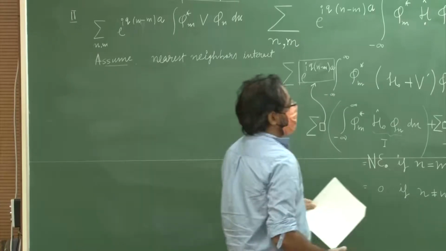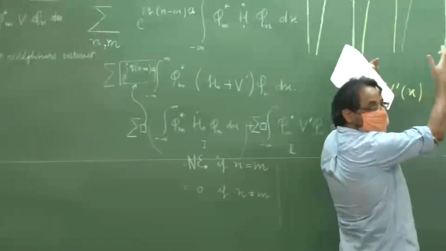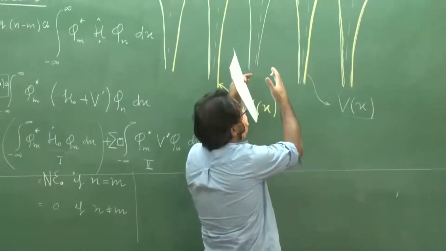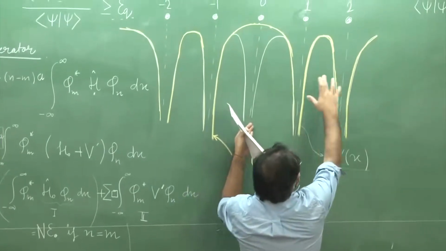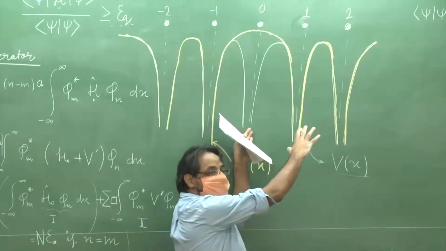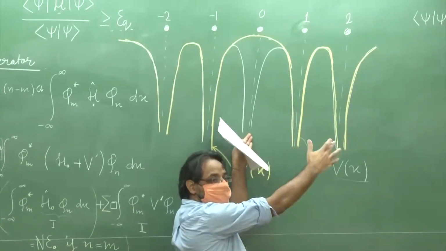But the extent of this orbital, even in the crystalline phase, is not so much that the orbital on the site 0 will start overlapping with the orbitals on the site 2, because they are still too far apart.